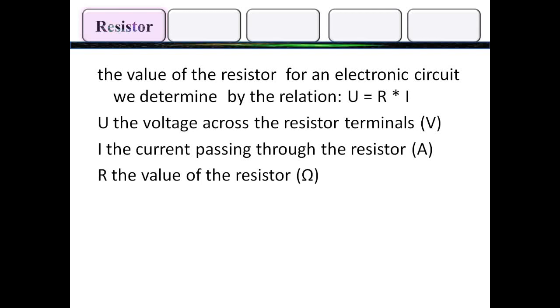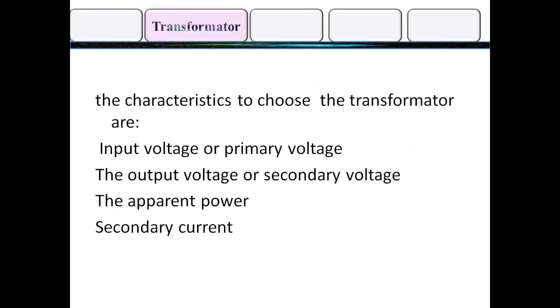For the resistor, the value for an electronic circuit is determined by the relation U equals R multiplied by I. U is the voltage across the resistor terminals in volts, I the current passing through the resistor in amperes, and R the value of the resistor in ohms.